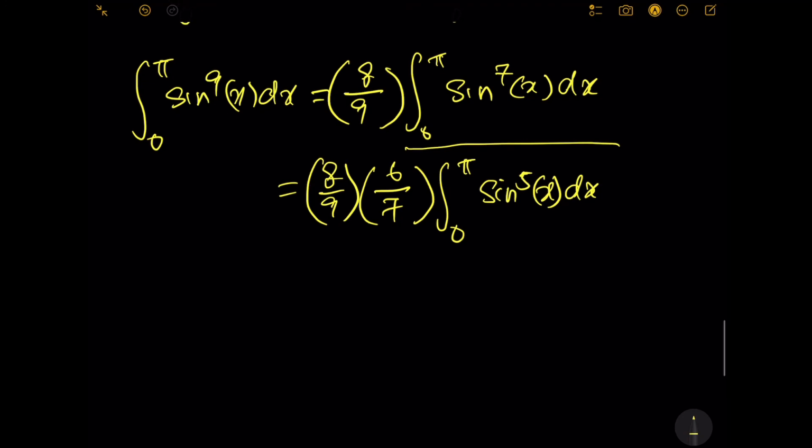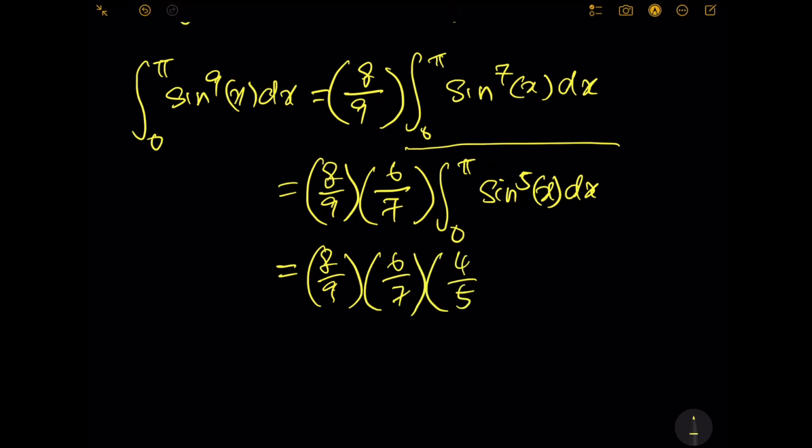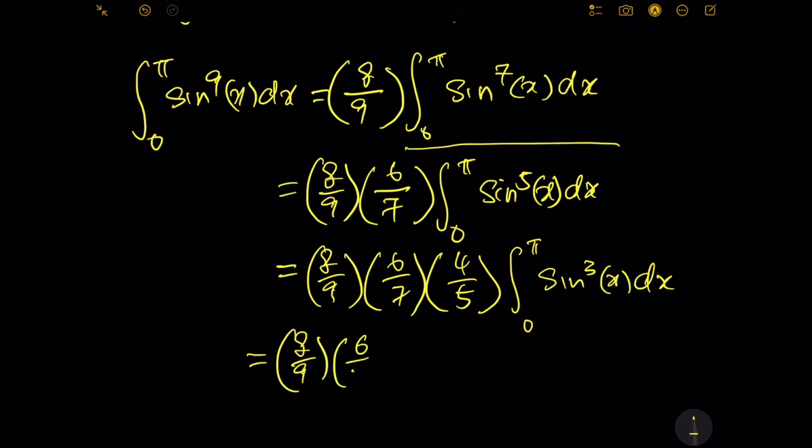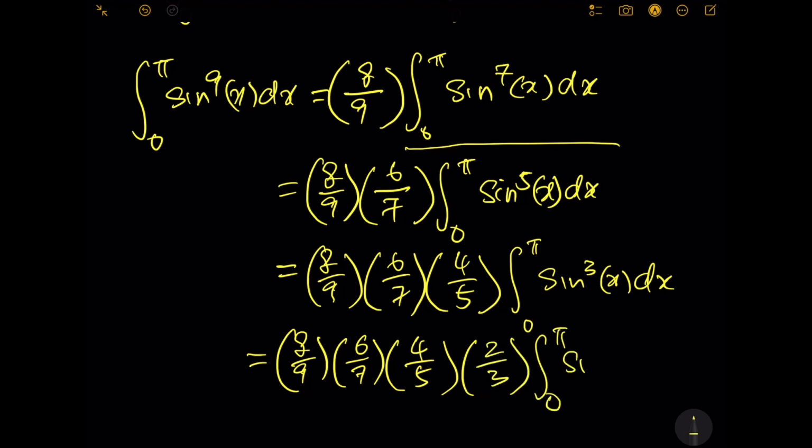And let's continue one more round. It becomes 8 divided by 9 multiply 6 divided by 7 multiply 4 divided by 5, and then integral 0 to pi sine power 3x dx. Last round, 8 divided by 9 multiply 6 divided by 7 multiply 4 divided by 5 multiply 2 divided by 3 integral 0 to pi sine x dx.